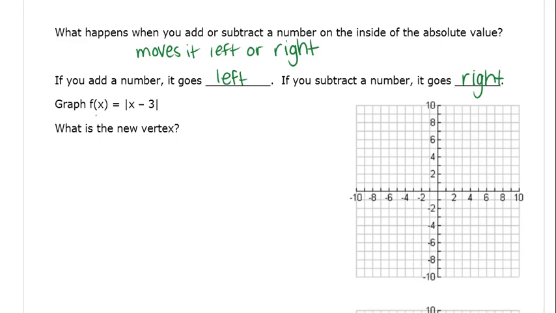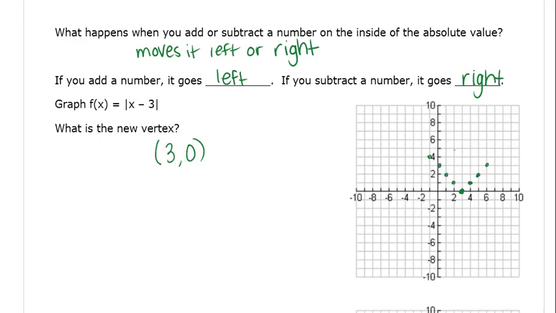So if we're graphing f of x equals the absolute value of x minus 3, that minus 3 on the inside is really going to take it and shift it to the right. So its new vertex would be 3, 0. So that graph would start there. And notice we're still going up 1 over 1, up 1 over 1.